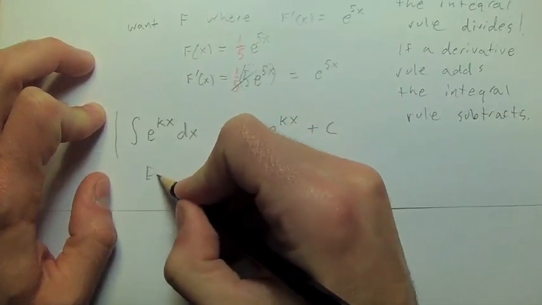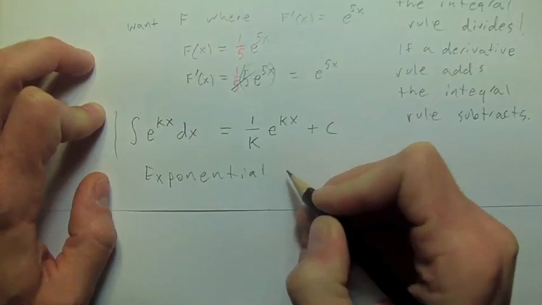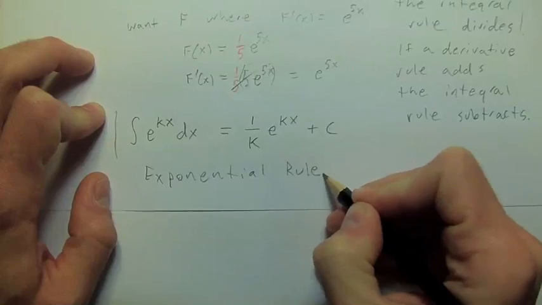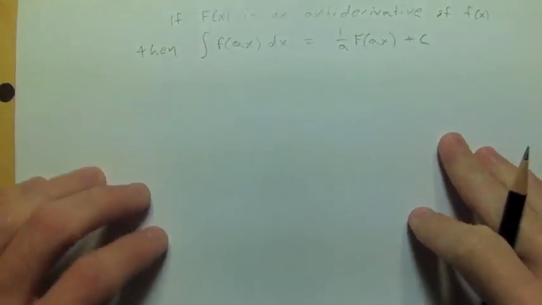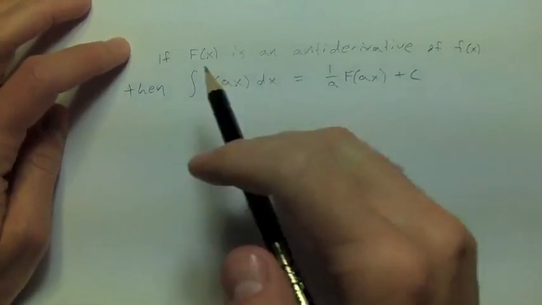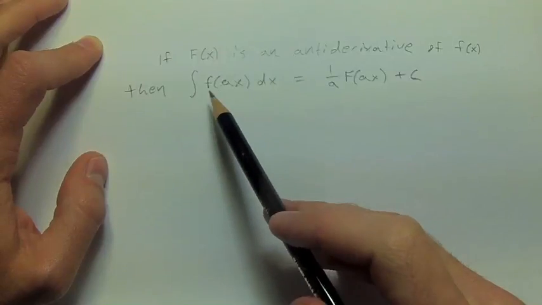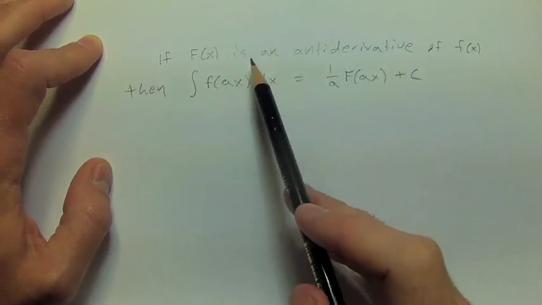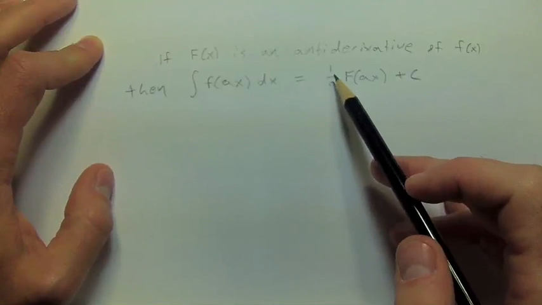All right, so there's the exponential rule. And pretty much this can work for anything. If capital F is the antiderivative of little f, then if you're taking the integral of f of a times x, some constant on the inside of your function, you bring it out as division, 1 over a.